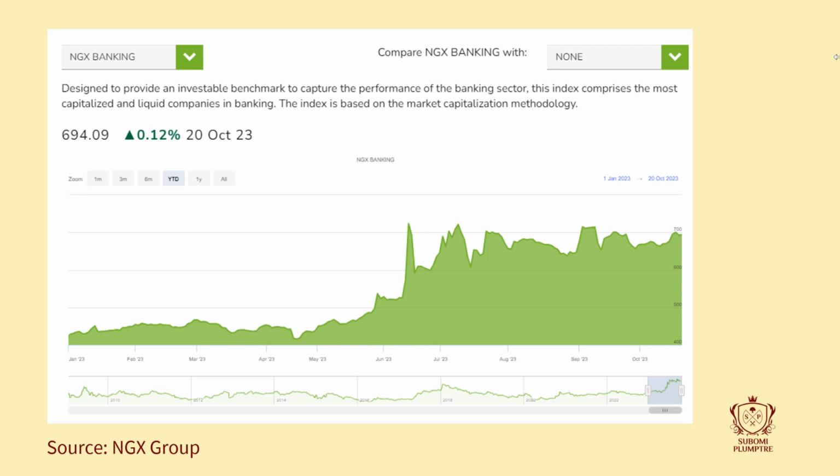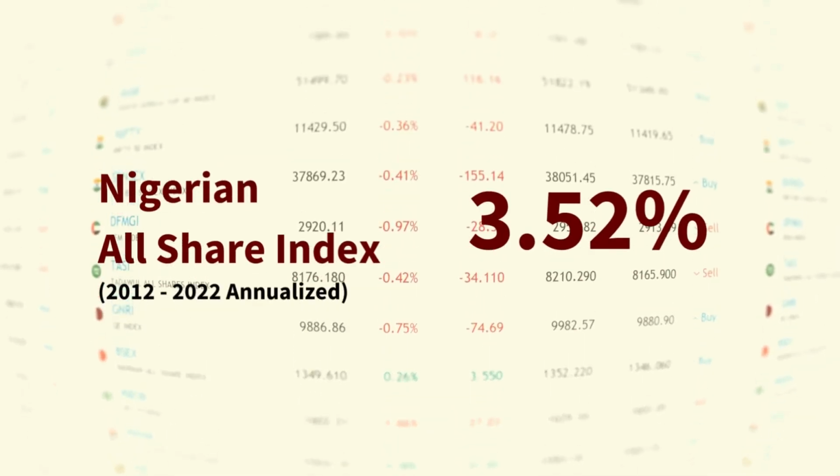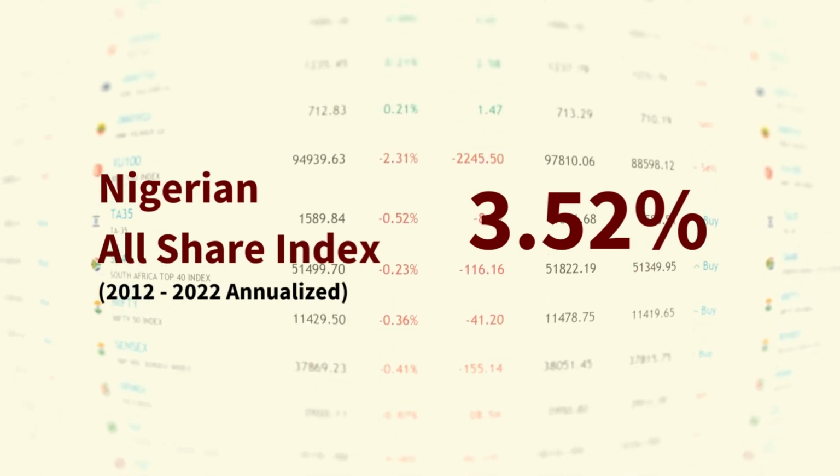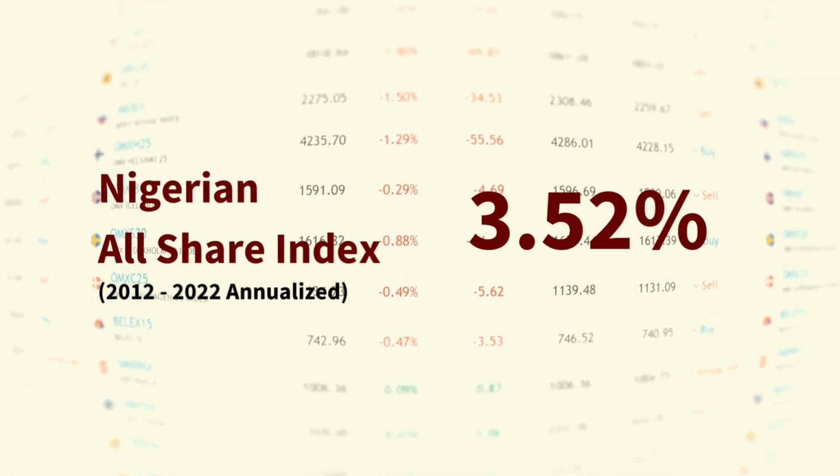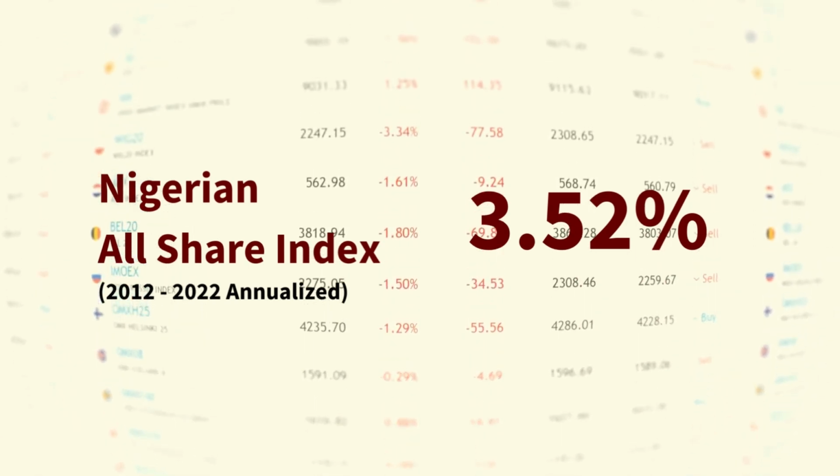So if we just annualize the results from, say, 2012 to 2022, the annualized return, if I just look at what the annual return has been over that period, it's about 3.5%.